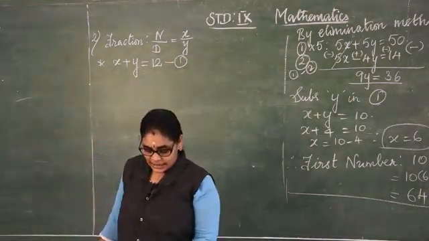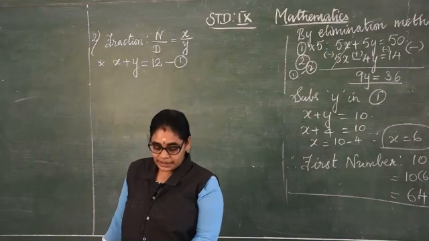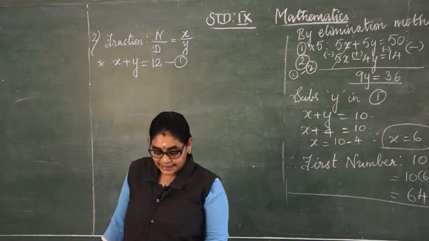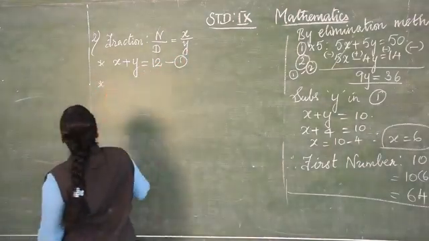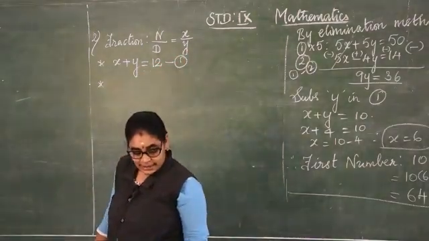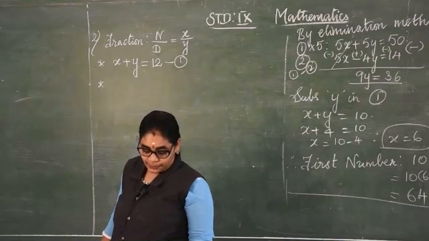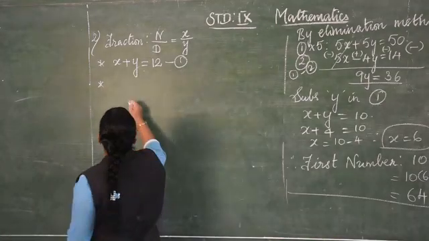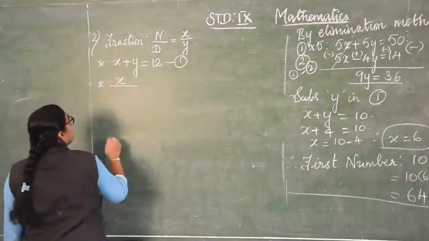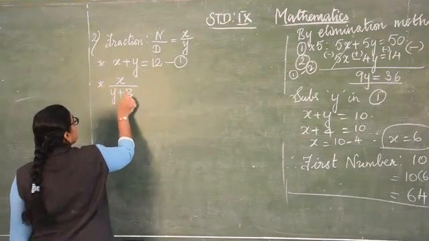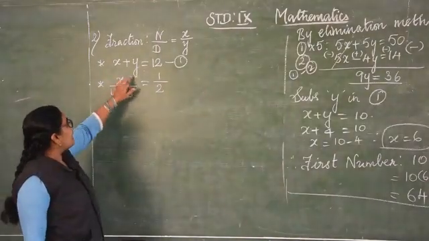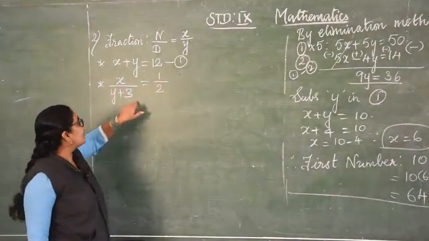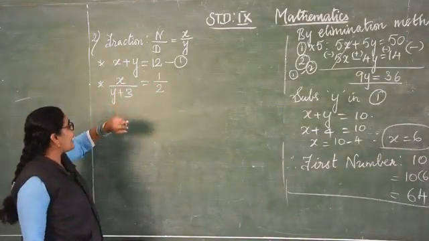Now, the second condition: if the denominator is increased by 3, the denominator alone is increasing by 3 and the numerator is as it is, the fraction becomes 1 by 2. Then find the fraction. We can't consider this to be a second equation because it is not a linear equation, we have a fractional equation.